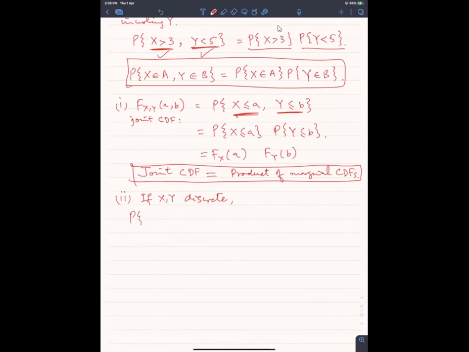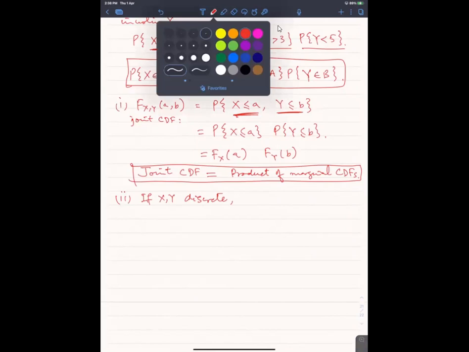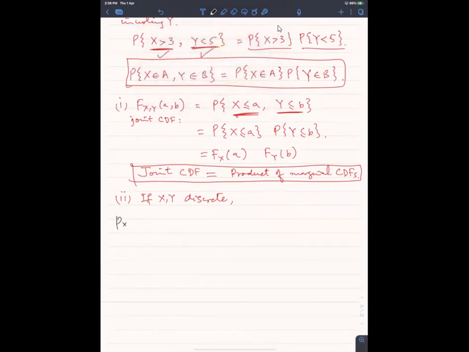the joint PMF p_XY(a,b) is equal to the probability X takes the value a, Y takes the value b. This is an event involving X, this is an event involving Y, and these two events must be independent if X and Y have to be independent.